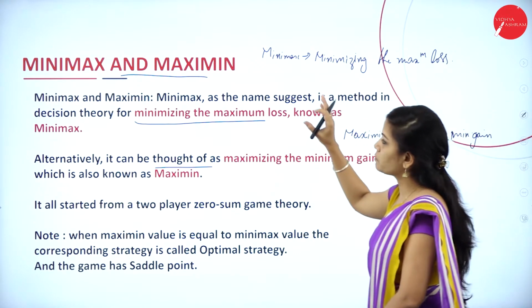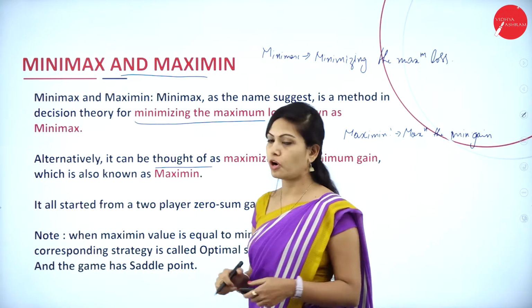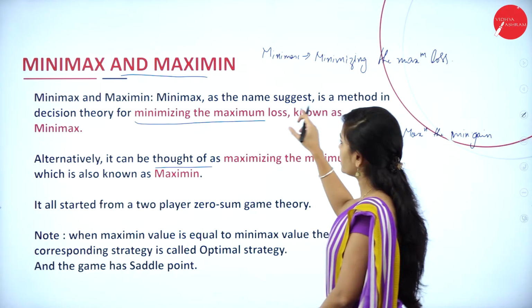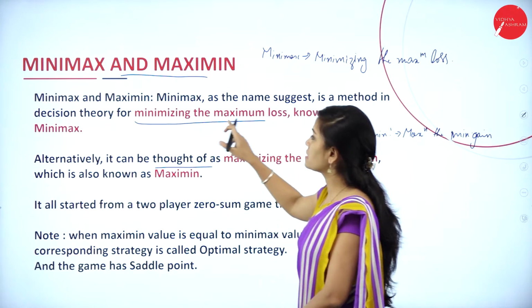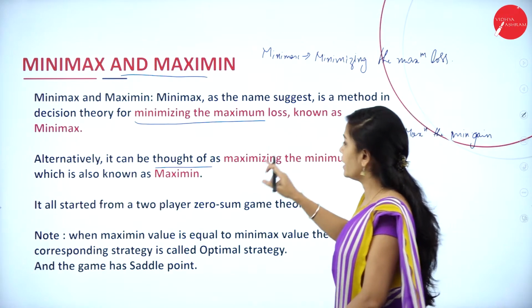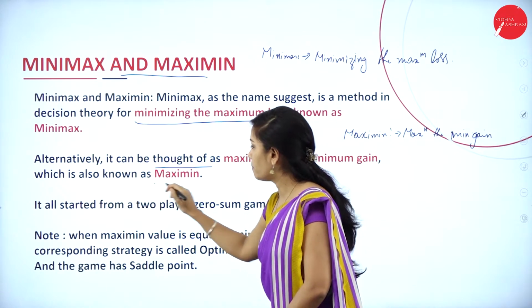So this is the difference between minimax and maximin. So this concept we are using in problems. Maximizing the minimum gain is known as maximin.